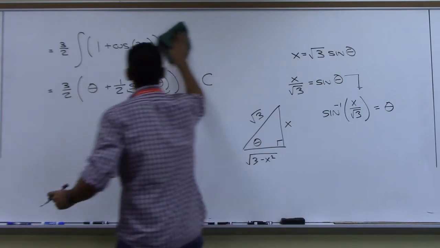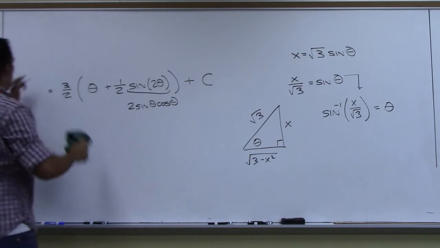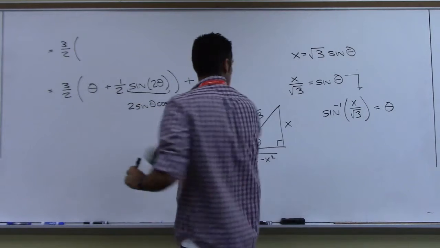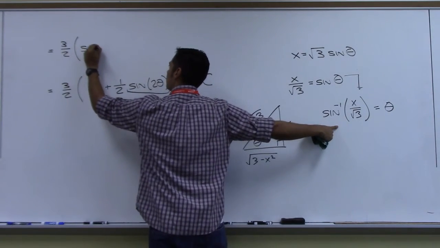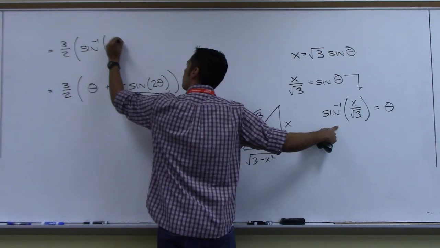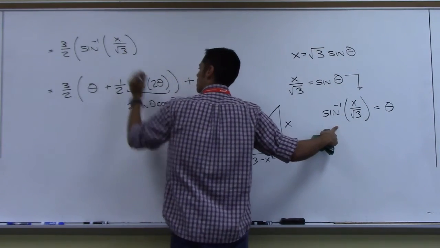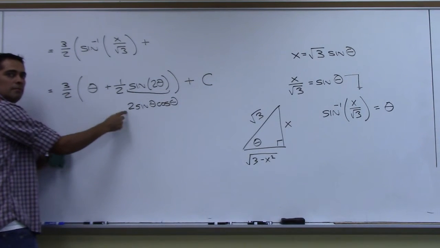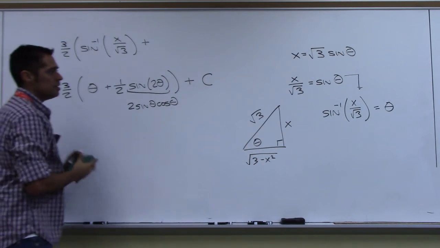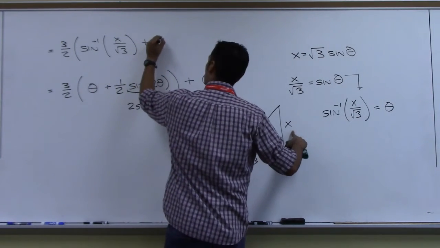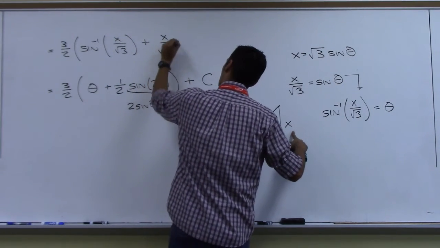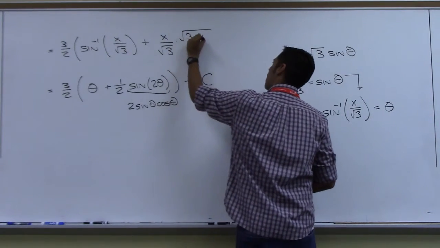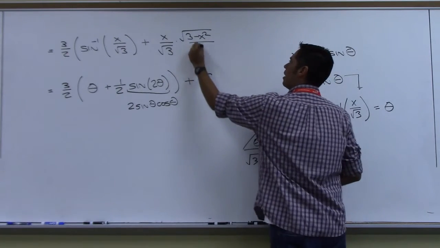Here it comes, final answer. The answer is 3/2, parentheses, theta, which was arc sine of x over root 3, plus the 1/2 and the 2 went away, right? Sine theta, which is x over root 3, times cosine theta, which is root 3 minus x squared over root 3.